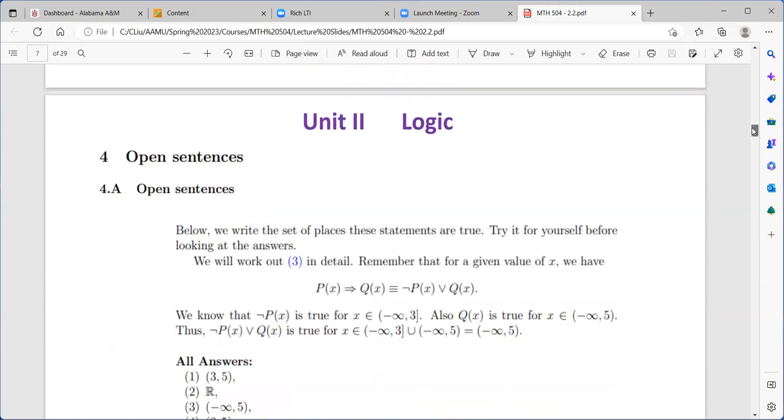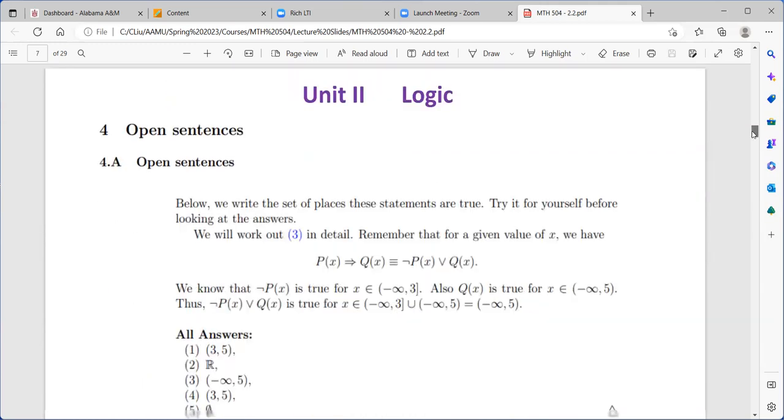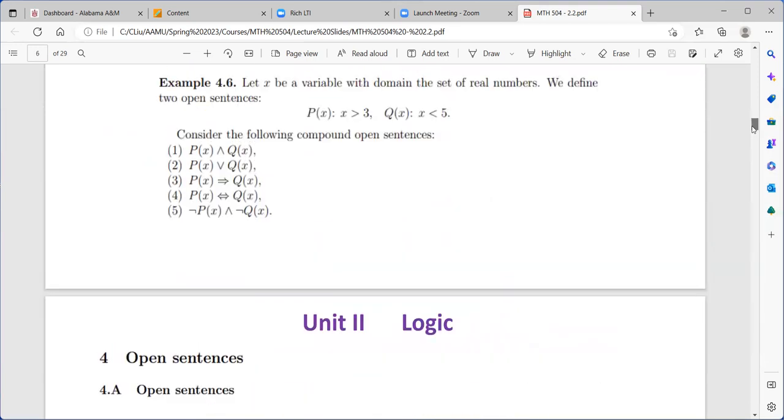So that's from Q to P, and we know from P to Q, the statement's true when x is from -infinity to 5, and from Q to P, we just got x greater than 5, right? X greater than 5.